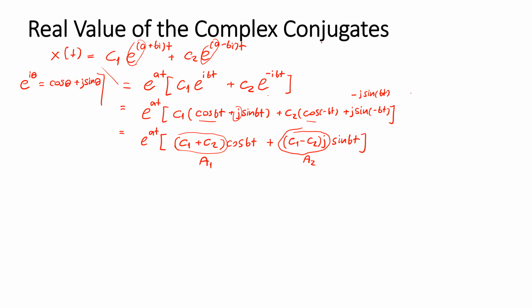So if we have one triangle, and we have A1, A2, and by the Pythagoras, we will have the square root of A1 square plus A2 square.